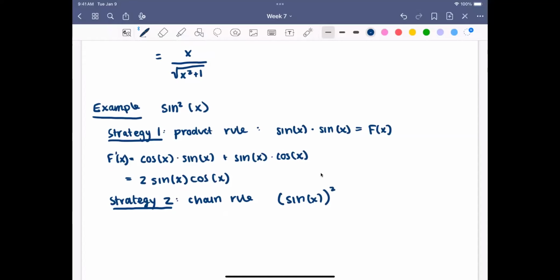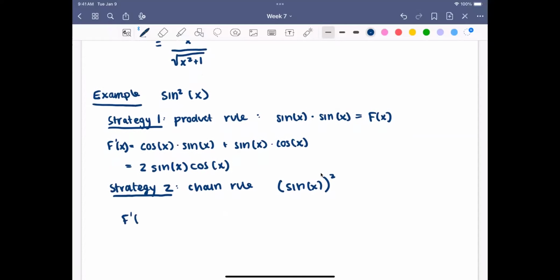So for me, we're doing power rule, so I'll just take the 2 and put it out front. And then multiply by the derivative of whatever's in here. So how might this look? I'll have 2 times, leaving the inside part alone, times the derivative of the inside part, which is cosine.